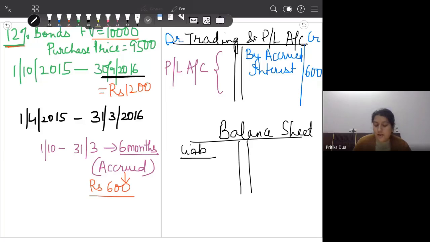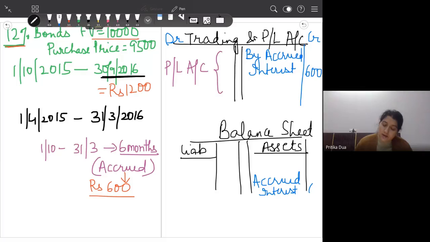Then this is the liability side, this is the asset side. This amount will be received in the future. So this becomes an asset for the business. And the second treatment of this adjustment will be that in the balance sheet, accrued interest will appear on the asset side, rupees 600.